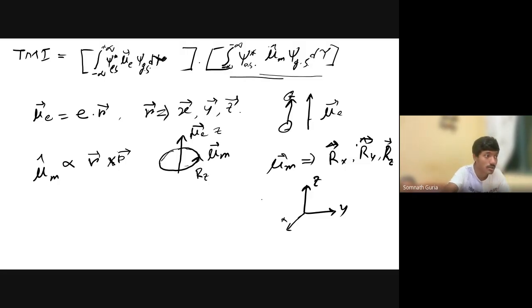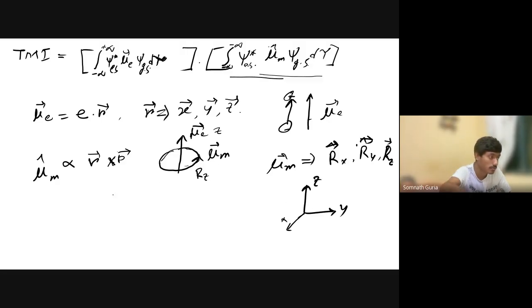If we are considering the mu e x direction, then it will be on the plane of the paper, and the rotation rx will be the rotation on the plane of my screen, and then ry will be perpendicular to the plane of my screen, and the z will be in this plane, perpendicular to the z direction. Okay, so this is the rz.